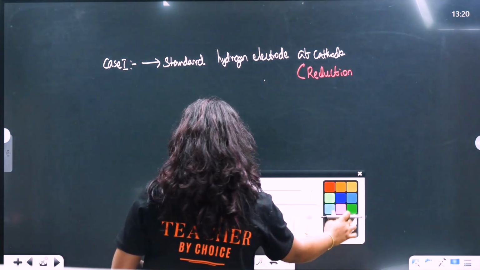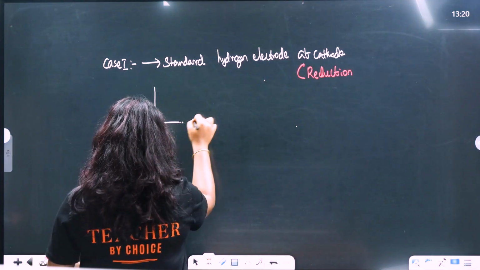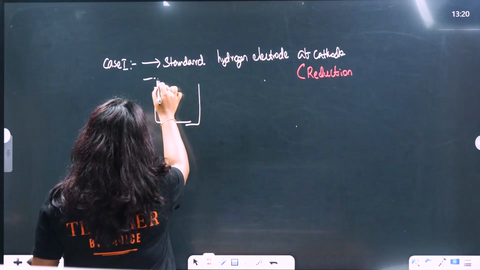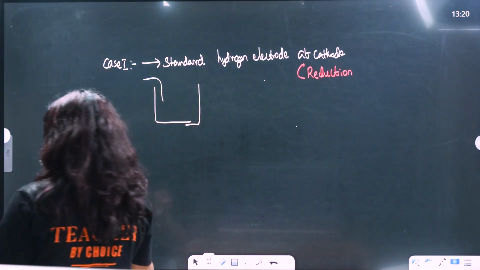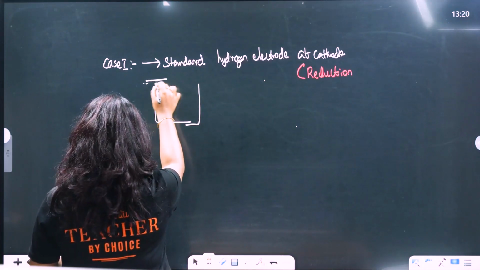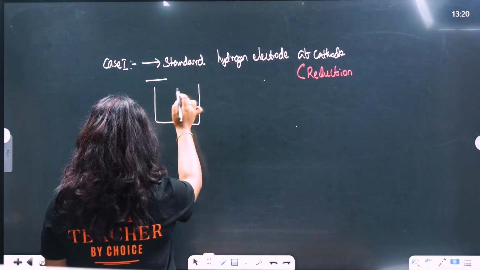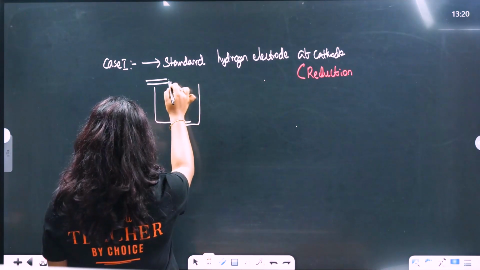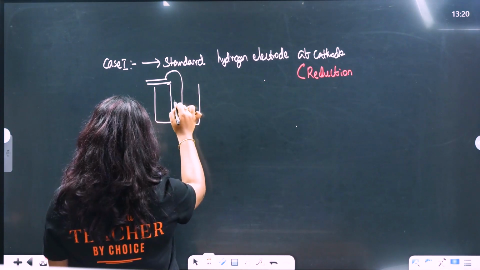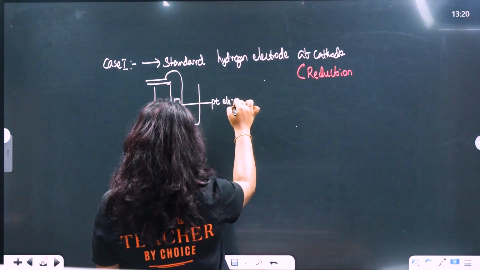So how will we write it? For example, you have a beaker with you, and this is your platinum electrode.